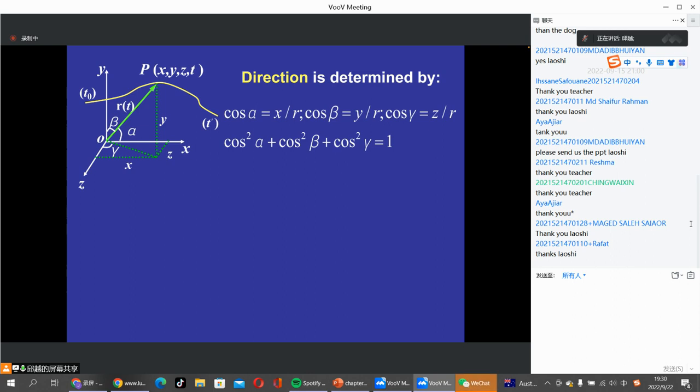Cosine gamma equals z over r. And from math analysis, we can see cosine alpha squared plus cosine beta squared plus cosine gamma squared equals 1.